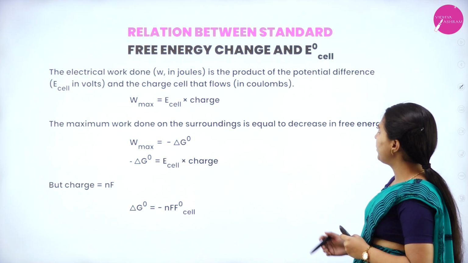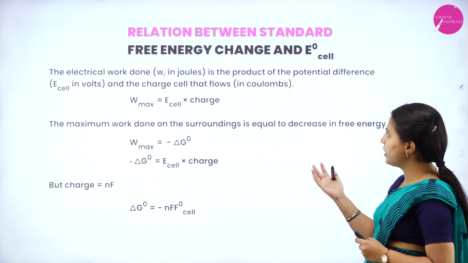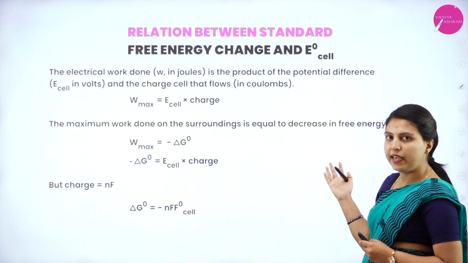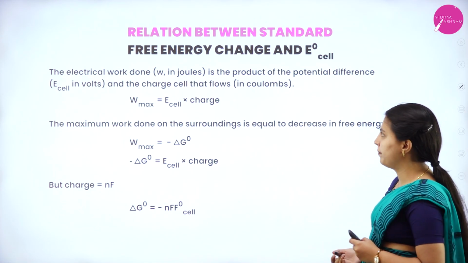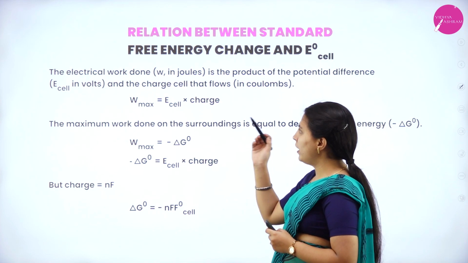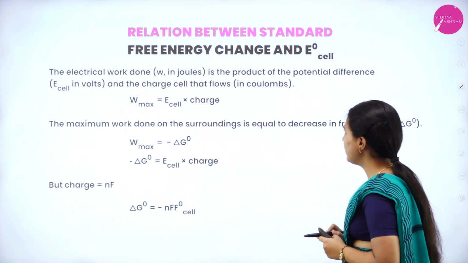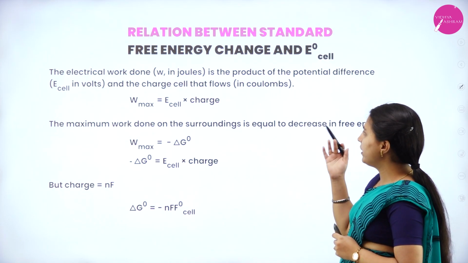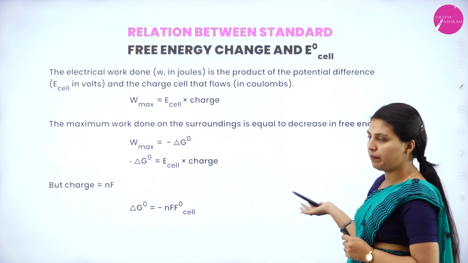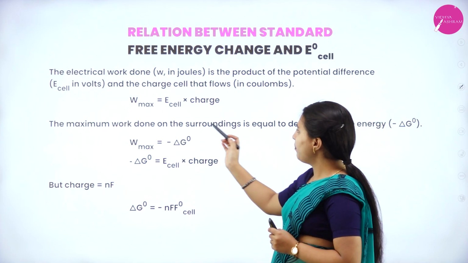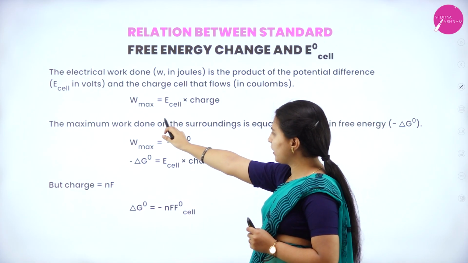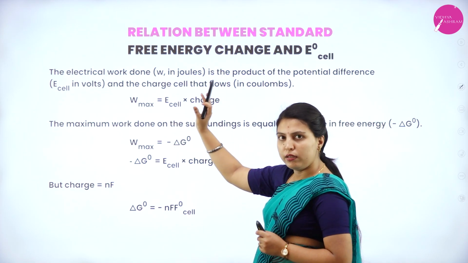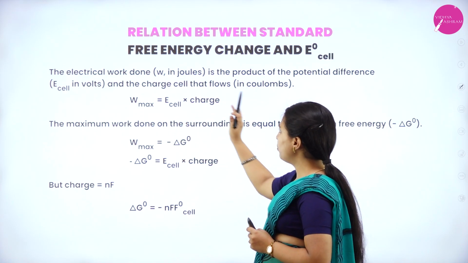Next, the relationship between standard free energy change and standard electrode potential, E naught cell. The electrical work done, W in joules, is the product of the potential difference, E cell in volts, and the charge that flows in coulombs. W max, that is maximum work done, equals potential in volts into charge.